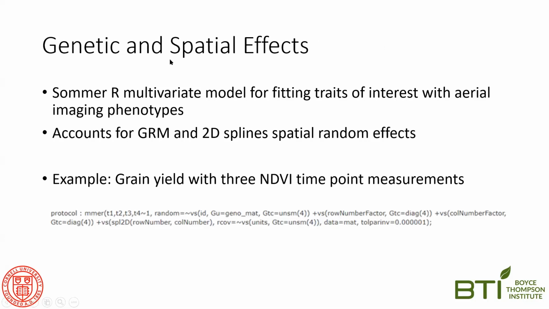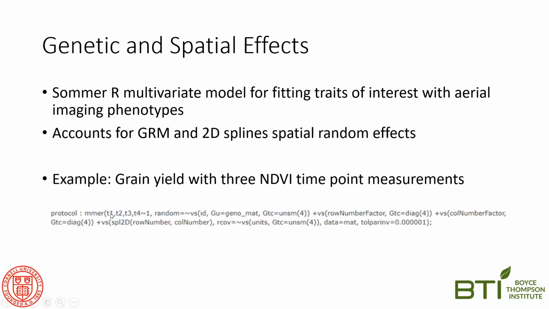It's an R package, and you can account for the genetic relatedness of the hybrids. The way it's implemented is using the GRM and two-dimensional splines. And here's what the command looks like for a multi-trait model.